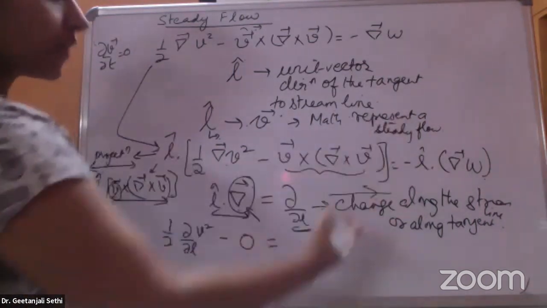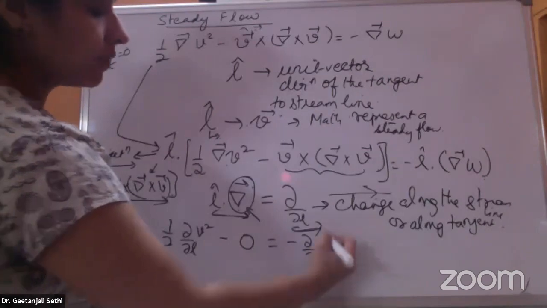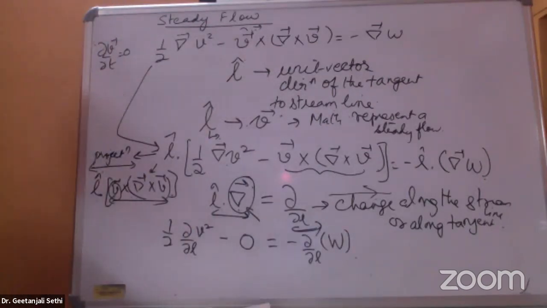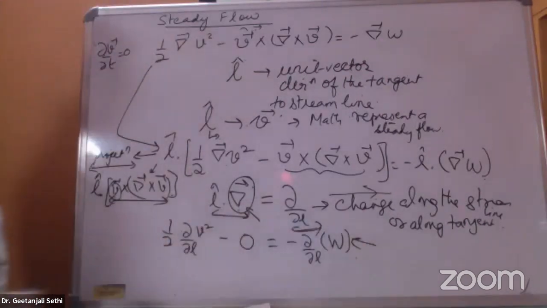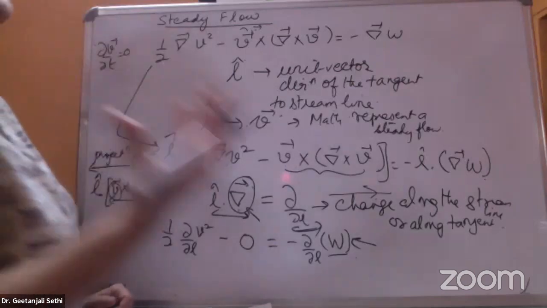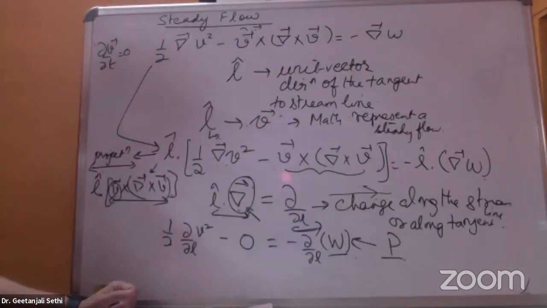And similarly on the right hand side, I get minus del by del L of W. If you want to get a physical feel of what this means, go back and think about how I replaced W. Where did W come from? W came from writing pressure.